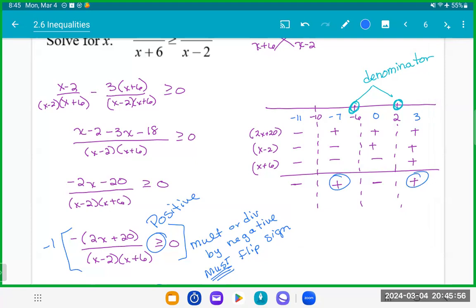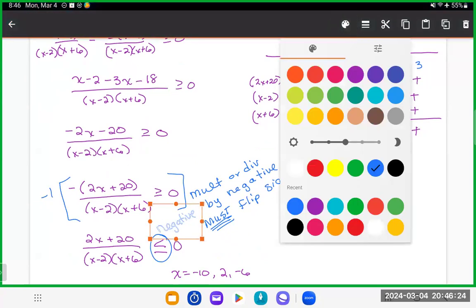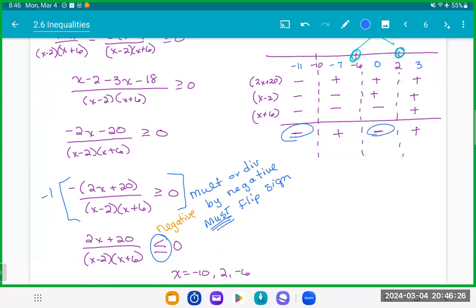So actually, if we look back at our overall problem, we're not looking at that one, we're looking at this one because it's after the sign, we want to look at negative, right? And so we're negative here and here. I want to give this a different color. Negative. Here and here.